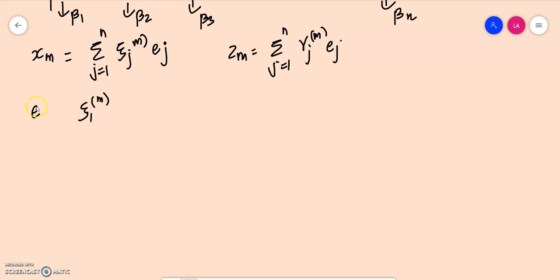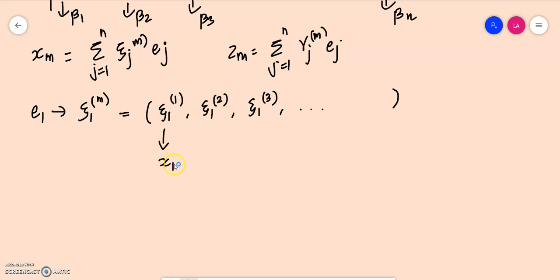So corresponding to e_1 we have the coefficient theta_1, and I write this sequence as theta_11, theta_12, theta_13, etc. You know that theta_11 corresponds to x_1, theta_12 to x_2, theta_13 to x_3. Theta_11 is the coefficient of e_1 in x_1, theta_12 is the coefficient of e_1 in x_2, theta_13 is the coefficient of e_1 in x_3.